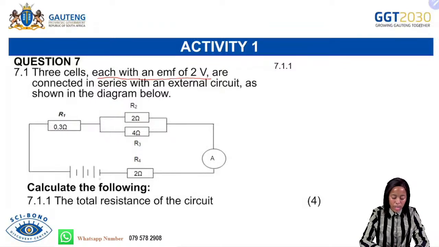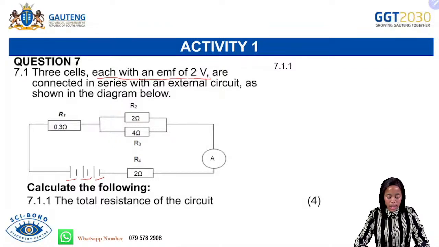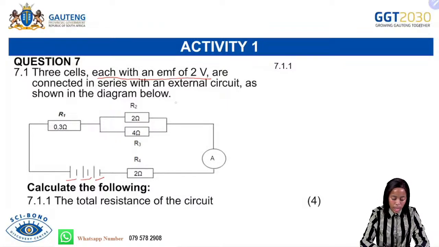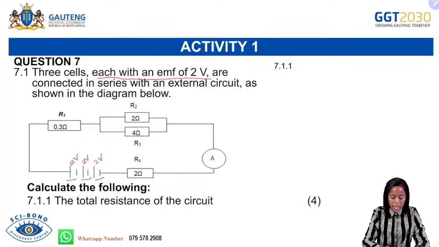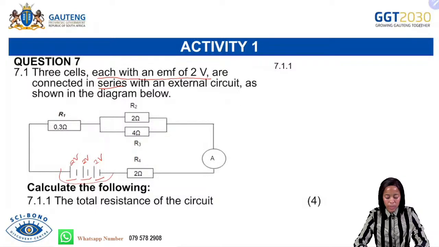It says that we have 3 cells, so this would be representing the 3 cells, each with an EMF of 2 volts there. It says they are connected in series. So the 3 cells are connected in series with an external circuit as shown in the diagram below.